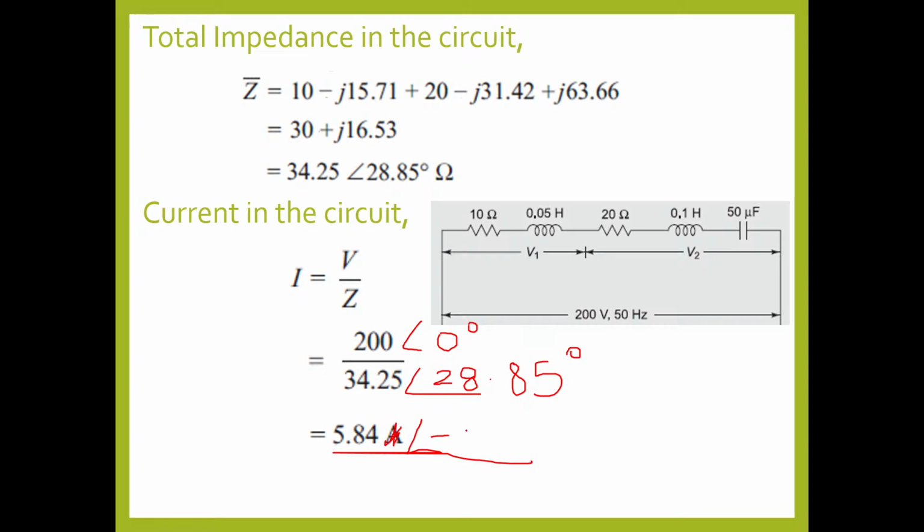So you will get 5.84, and 0 minus 28 means minus 28.85 degrees for current. So my current is 5.84 at an angle of minus 28.85 degrees amperes.